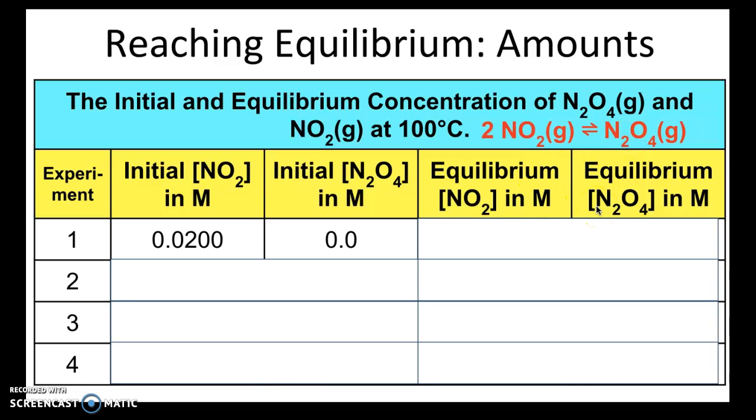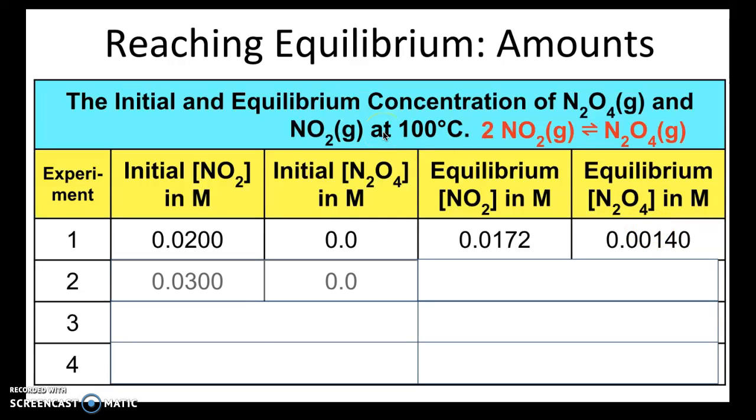So let's start with experiment 1. In experiment 1, you start off with 0.02 molar reactants, but 0 molar products, that means there was no product present. And then once the reaction establishes equilibrium, the concentrations of NO2 and N2O4 are listed here and here respectively. For experiments 2 and 3, it's kind of the same thing, but notice that the initial amounts of NO2 are different.